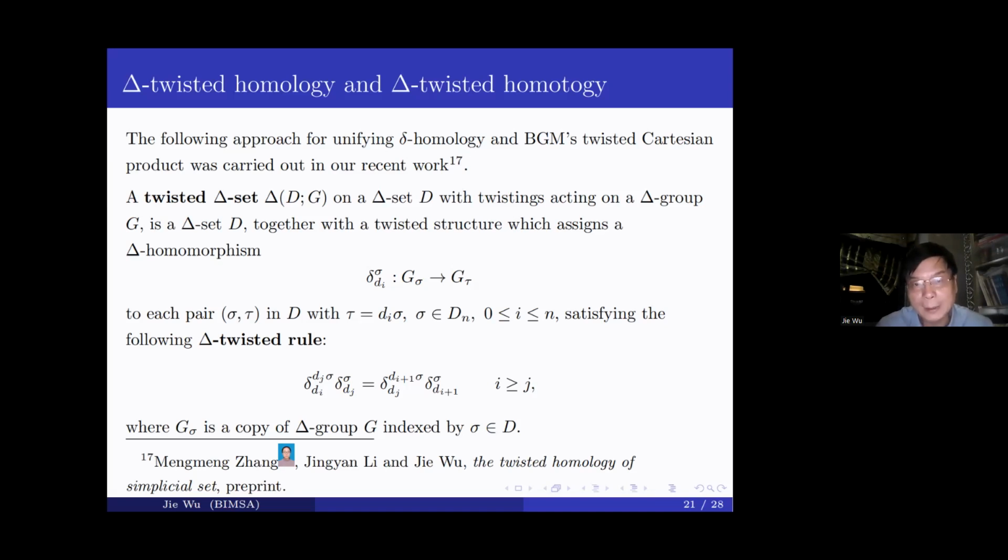Now the delta set makes it a different way. They start to look at labels, and the labels are given by the simplexes. So each simplex I give a label. For example, say I have two edges. The first label I can call sigma 1, and another I can call sigma 2. Then from each edge I have operators going to its faces. I can call the first face d0 and the second face d1.